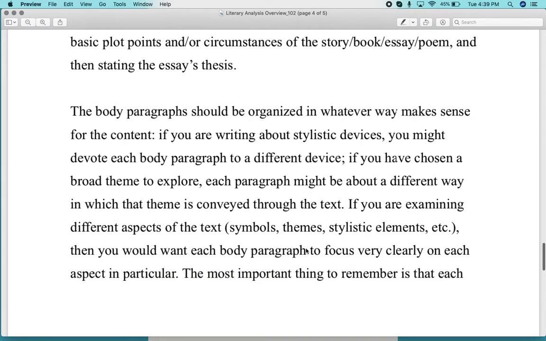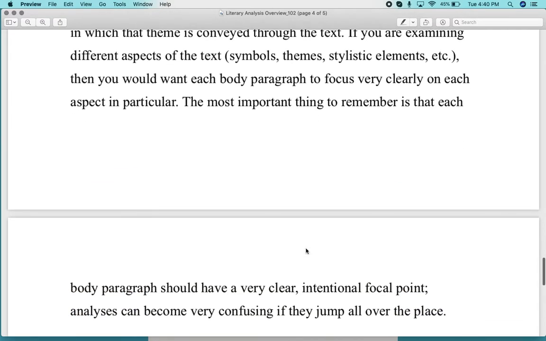If you're examining different aspects of the text, so you're looking at symbols, themes, stylistic elements, all of those different aspects, then you would want each body paragraph to focus very clearly on each aspect in particular, right? So you might have one paragraph just about symbols, one just about themes, one just about the writer's style of writing, okay? The most important thing is that each body paragraph should have a really clear, intentional focal point, okay?